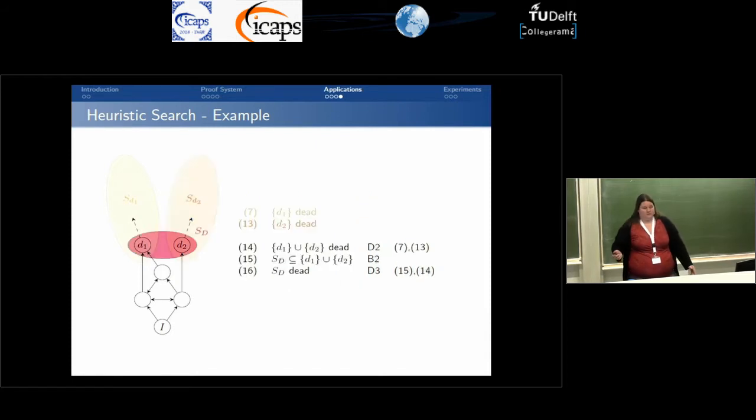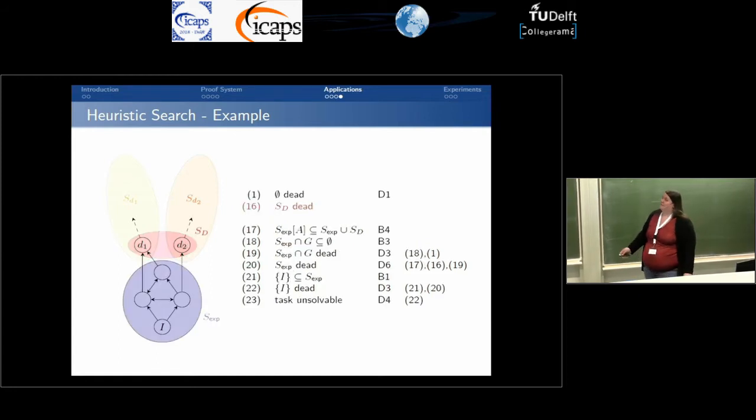What is left to do is build a set of all the dead ends, and through this rule D2 we can iteratively argue that this entire set must also be dead, because we have shown that every single state in it is dead. And then the last step is simply saying, well, from the expanded states I only get to themselves and to dead states, and this is why the expanded states are also dead, and because I is in the set of expanded states, I is dead and the task is unsolvable.